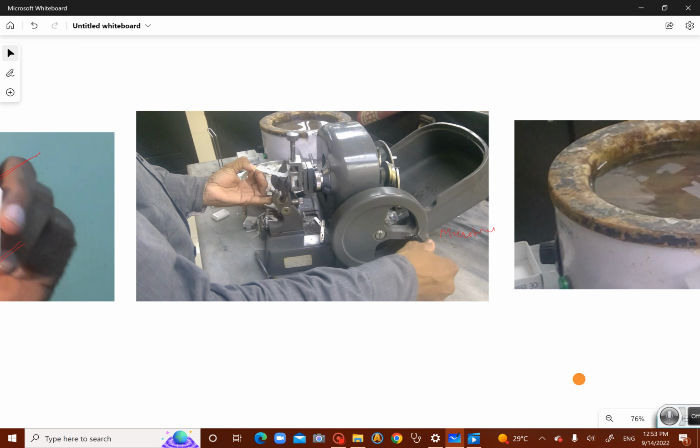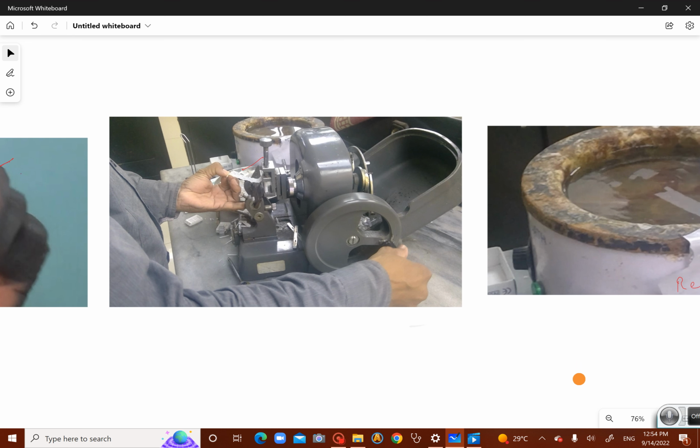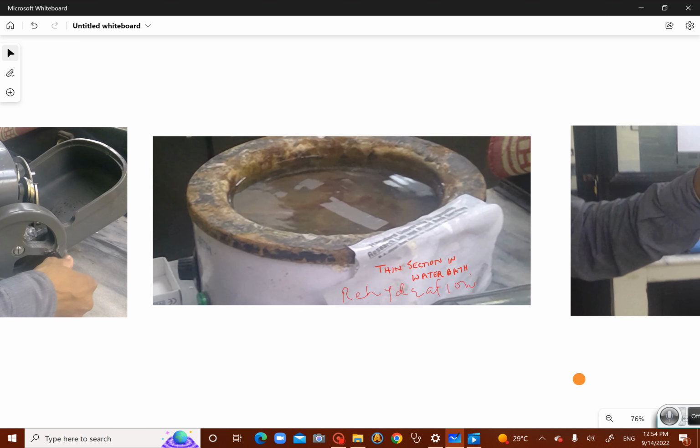Microtome machine. And once you put the paraffin block inside and make smaller slices, these are the slices coming out. And once you have the slices, these thin sections are put on the water bath, and this will rehydrate.